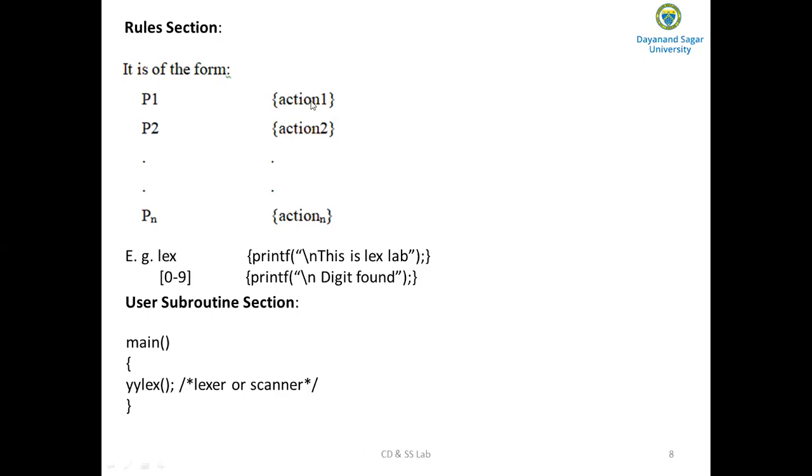And each action i is C language statements, action 1, action 2, up to action n, enclosed in brackets. That means each rule is made up of two parts: one is a pattern specification or regular expression, and the other is the action part.